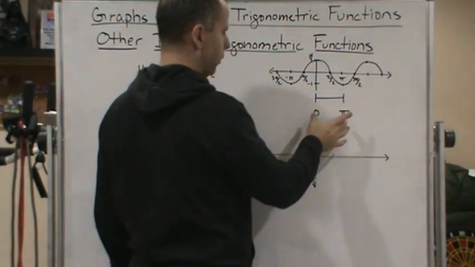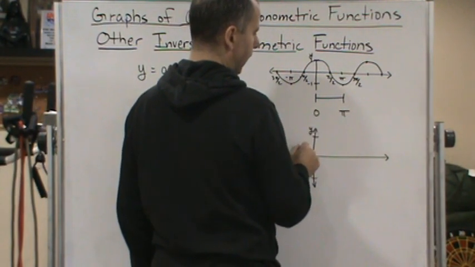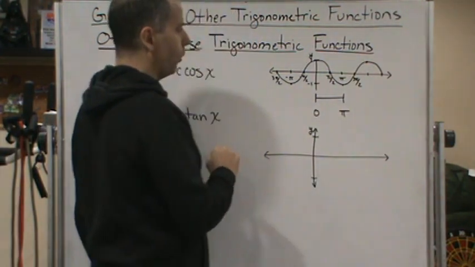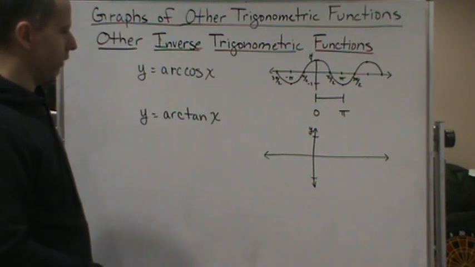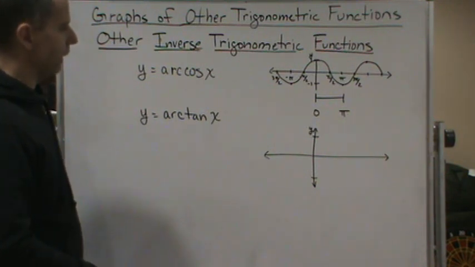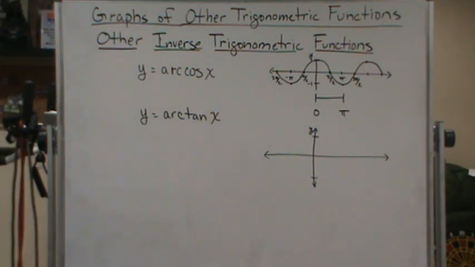So it's decreasing on the open interval, right? It's also 1 to 1 on that interval, okay? And so it does have an inverse when restricted to that domain, okay, from 0 to pi.